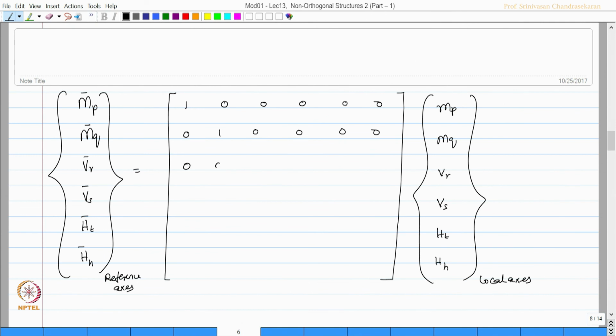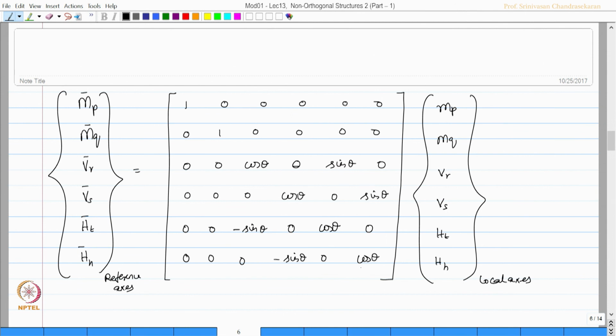So, it is going to be 0 0 cos theta 0 sin theta 0 and 0 0 0 cos theta sin theta. This will be 0 0 minus sin theta 0 cos theta 0 and this is 0 0 0 minus sin theta 0 cos theta.